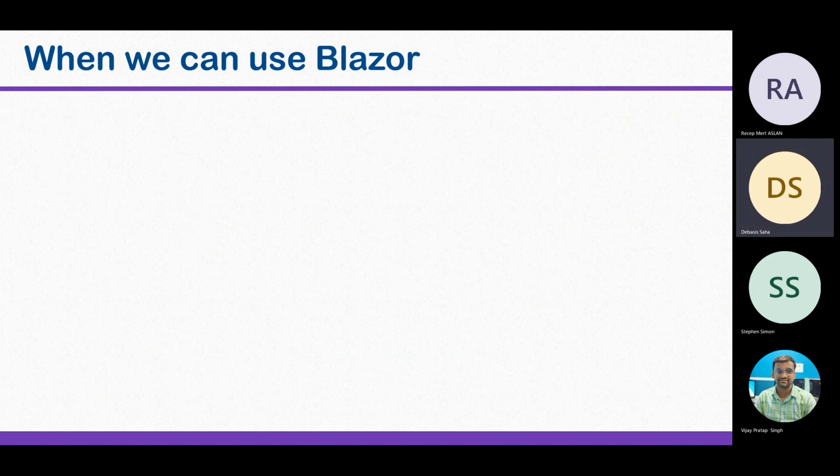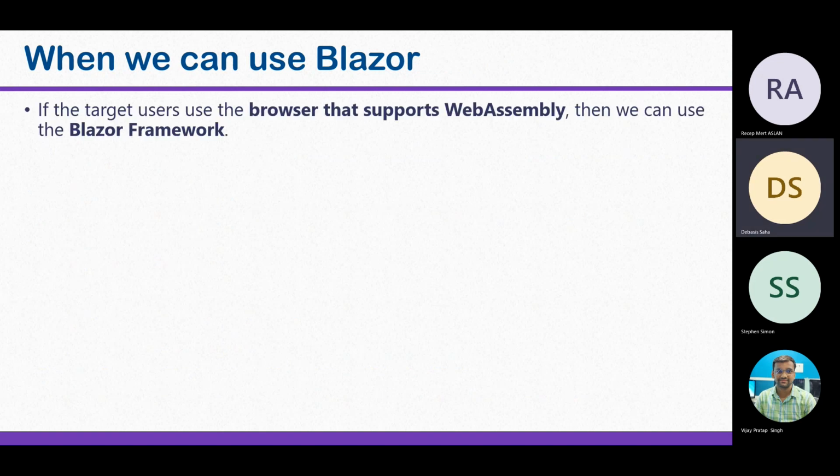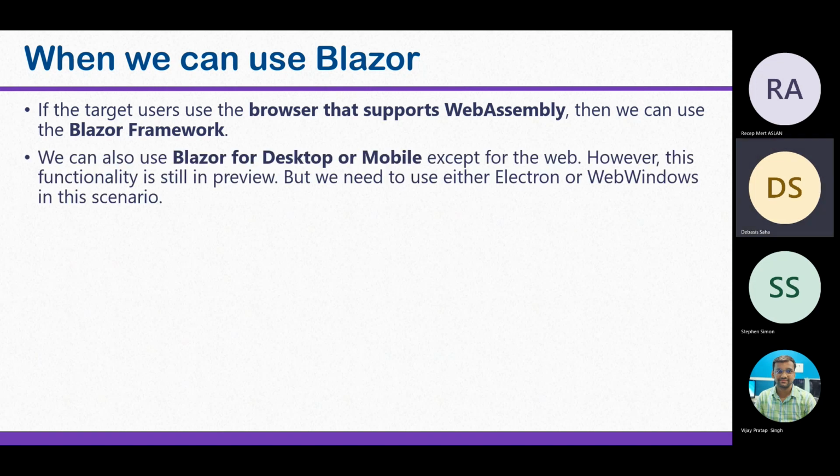So the question is when we can use the Blazor framework. If our target users use browsers which can support WebAssembly, then obviously we can use the Blazor framework. In another case, if we want to use the Blazor framework for desktop or mobile, not just the web, however, this function is still in preview mode.